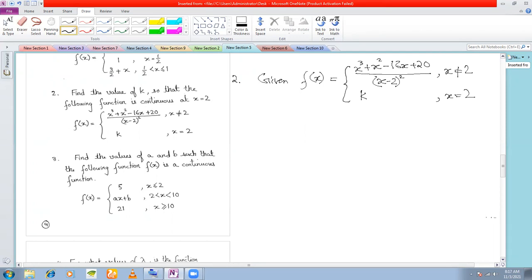So we want to find the value of k such that it is continuous at x equal to 2. The given point is x equal to 2. So we find out the left hand limit first.